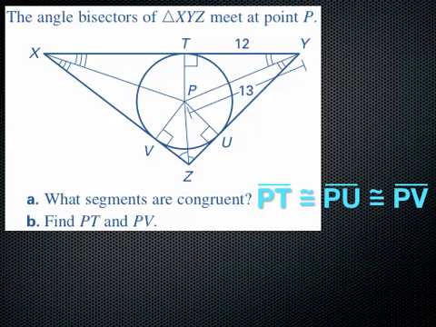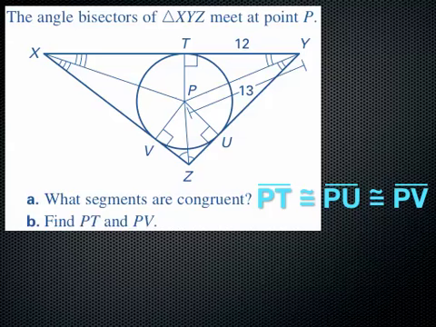It then asks us to find PT and PV. Well, notice we just said that PT and PV are congruent, so if we can find one of them, then we can find both. They're going to be the same. We are not given the length of any of the distances from a side to point P. However, if you look at the upper right-hand corner at triangle TPY, it is a right triangle with one leg that measures 12 and a hypotenuse that measures 13.